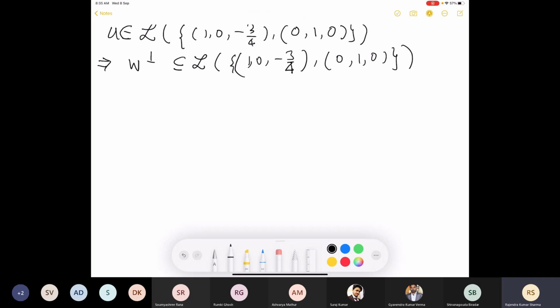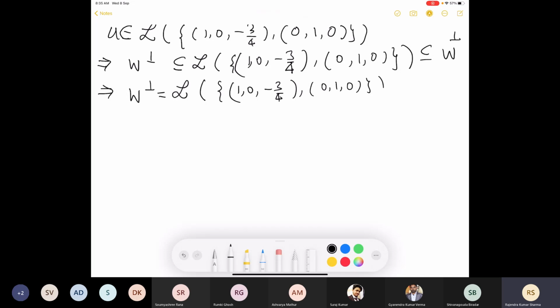Each of them is in W orthogonal, which gives that W orthogonal is the linear span of this set.